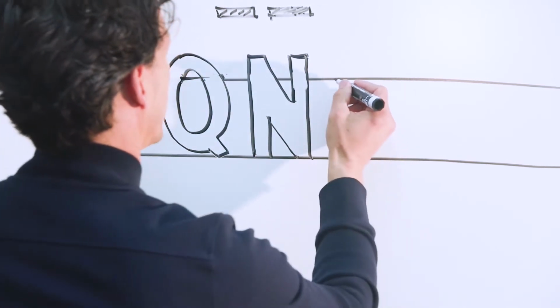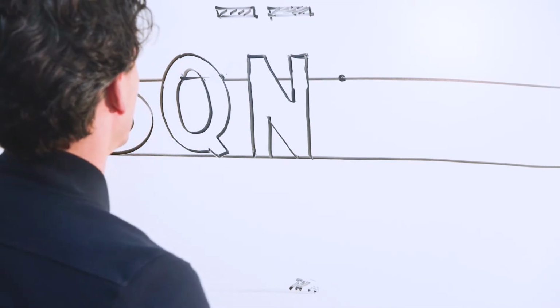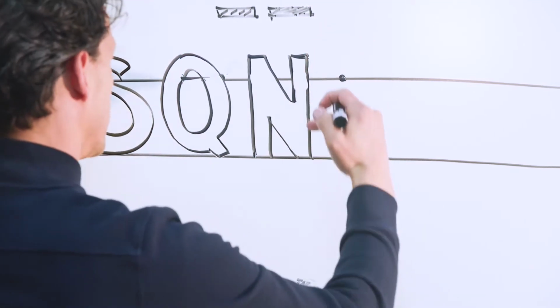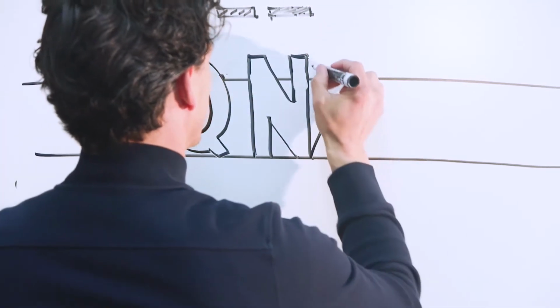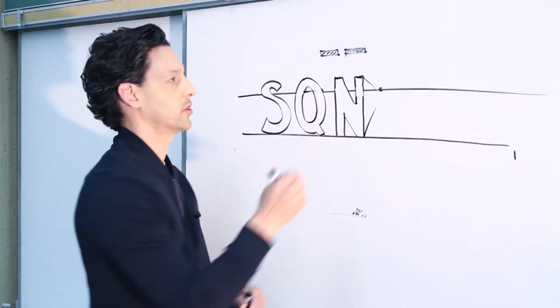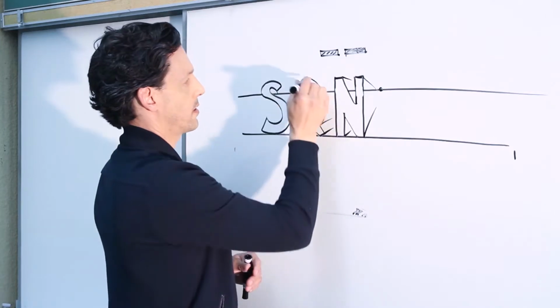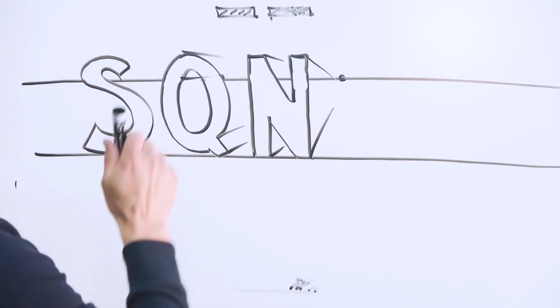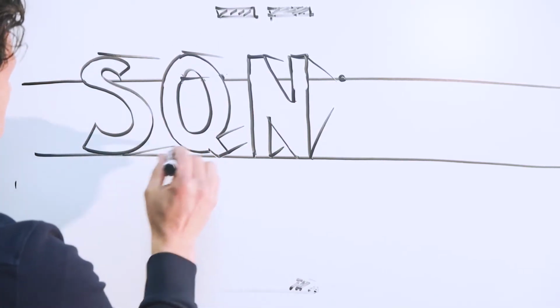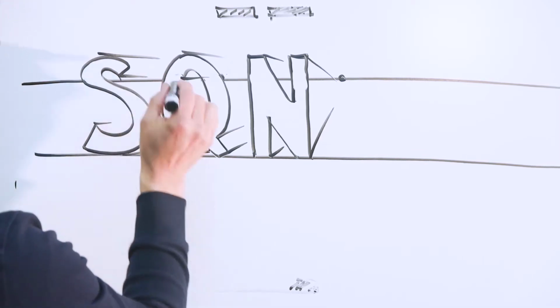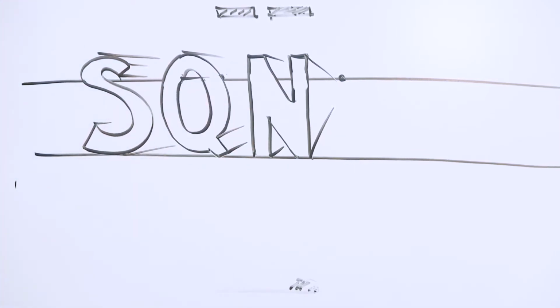I'm going to go ahead and put my vanishing point here. Because my horizon line is low, I'm not going to be able to see the top of my shapes, which for the moment is totally fine. Remember, every corner and the top of every loop is going to run to the vanishing point.